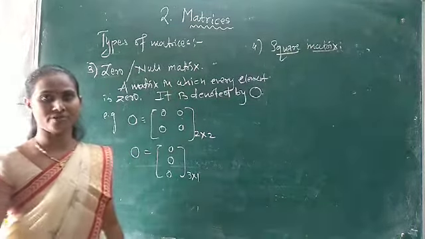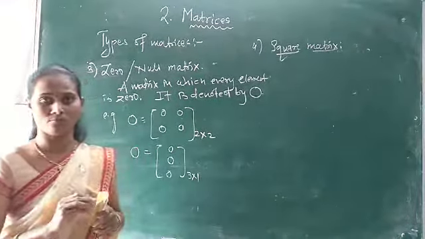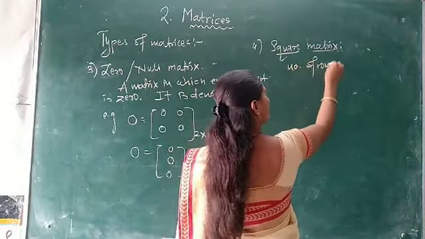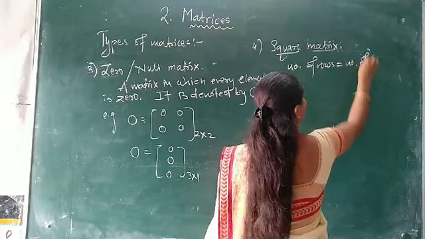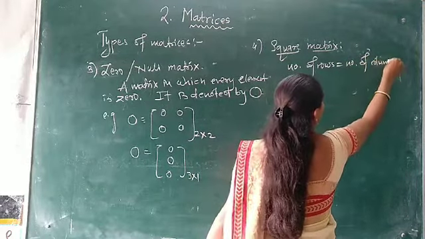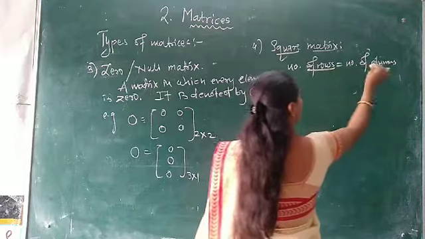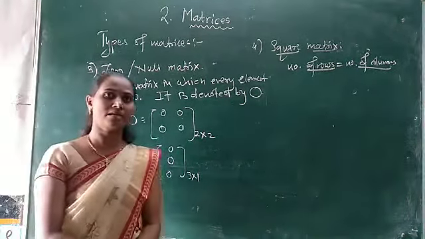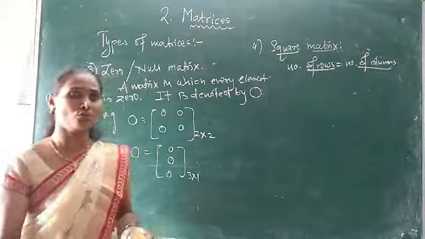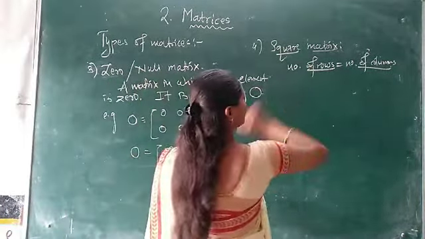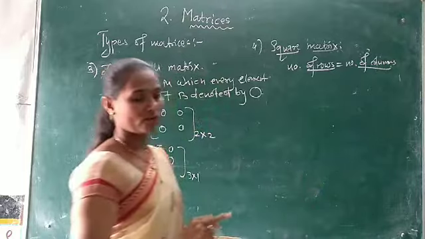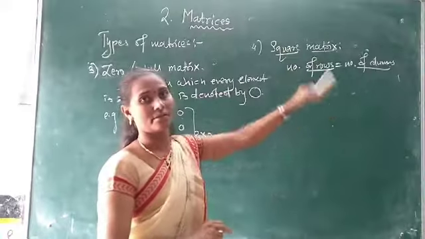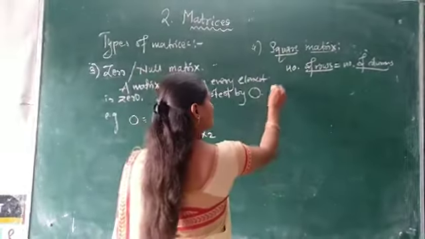A matrix in which the number of rows is equal to the number of columns is called a square matrix. If a matrix has 2 rows, then there are 2 columns. So in a square matrix, the number of rows and the number of columns are equal.